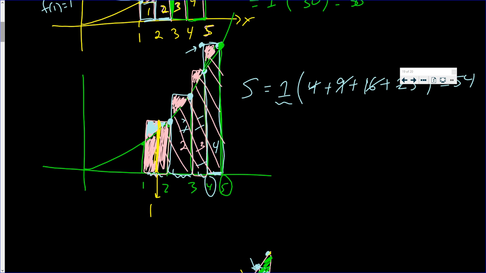Okay, so now that I suddenly put in this new line, this new partition at 1.5, well, now when it goes between 1 and 1.5, between this height and this height, I'm picking the larger one, which is here.